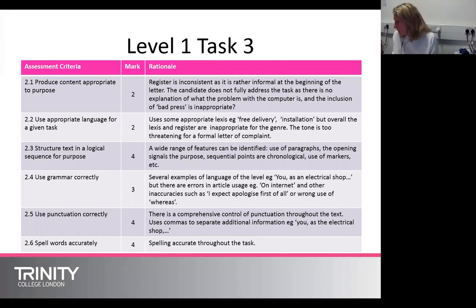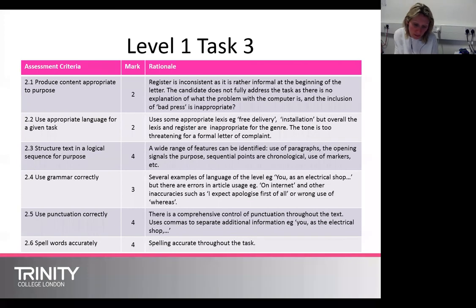One of the criteria I would like to have a closer look at for level 1 here is the 2.2. Is the language the candidate has chosen here appropriate? This is the formal task, and the candidate uses some appropriate lexis.